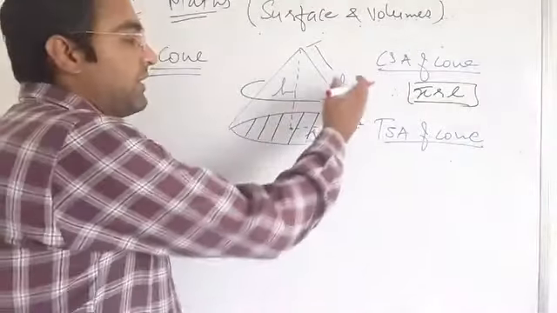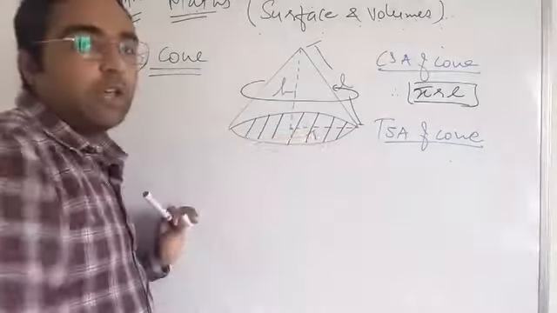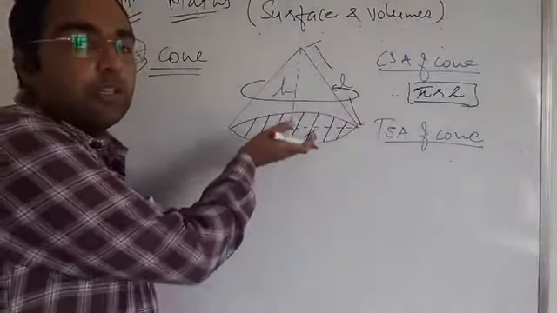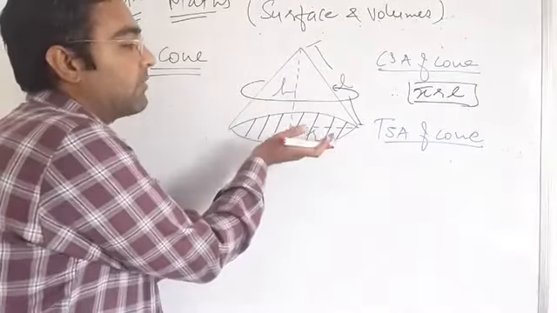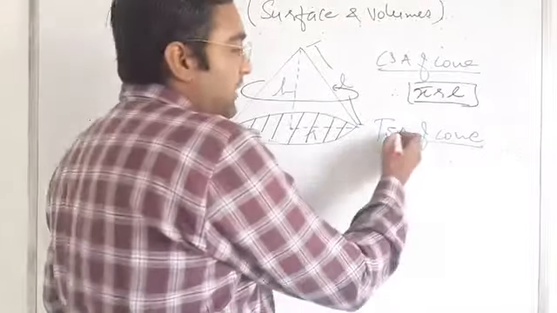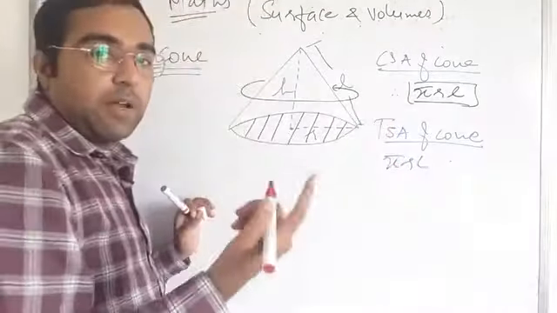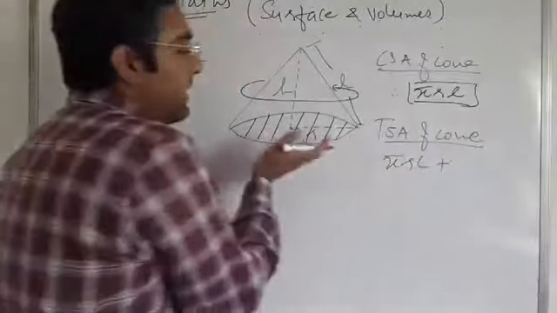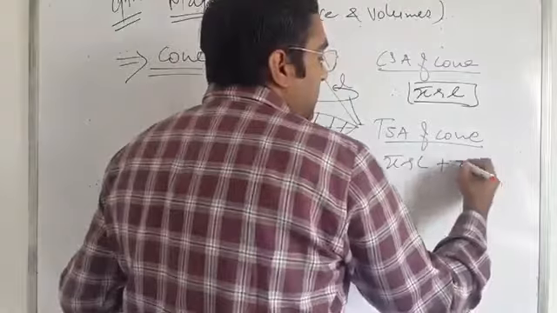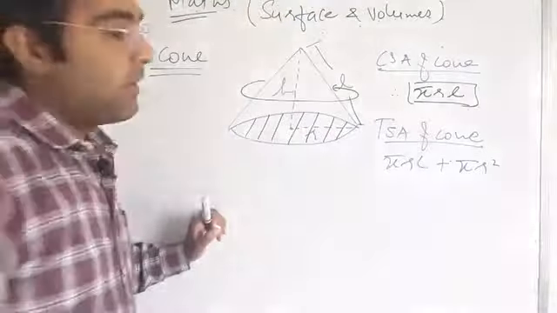So we take the curved surface area plus the area of the bottom, that is the circular part, as pi r square, because the base of the cone is in the shape of a circle. So the total surface area of the cone is pi r l as the curved surface area plus pi r square, the area of the circle.